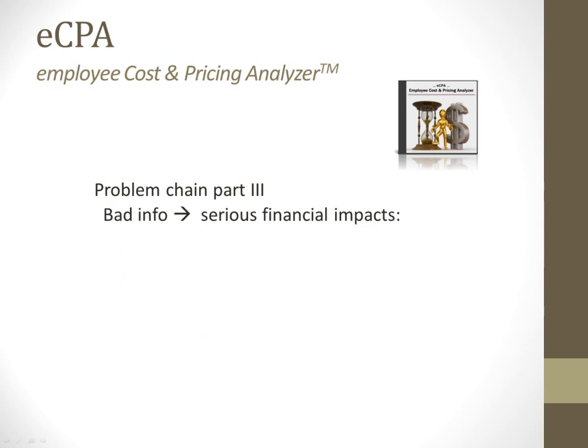The third part of the problem chain was then that the first two led to bad information so that we were seeing some serious financial impacts. For instance, pricing errors. When owners didn't really know what employees were costing them, they were going ahead and undercharging, in many cases, much less than what they should be charging.